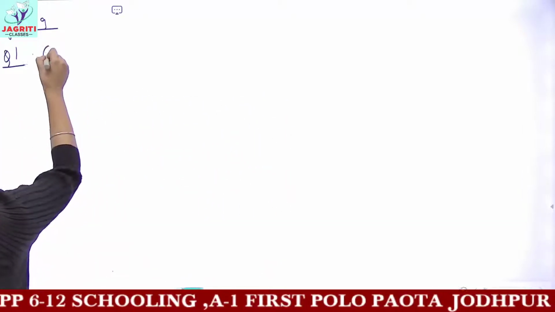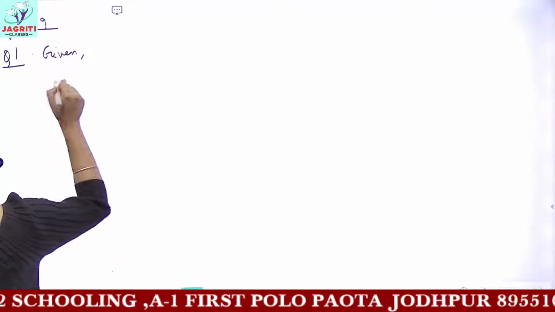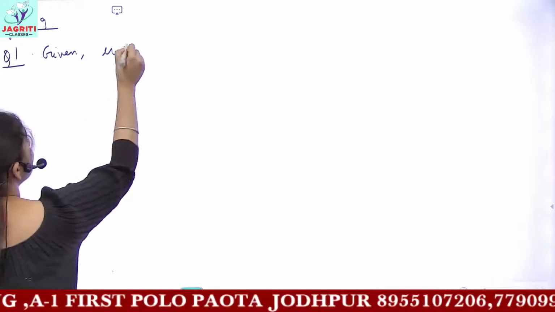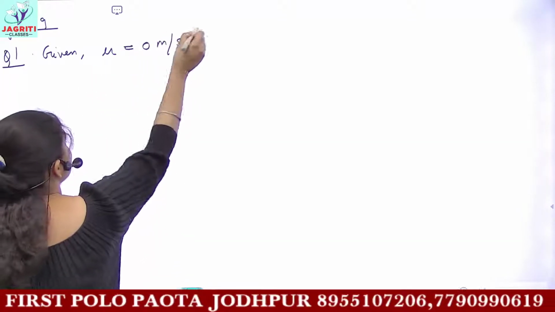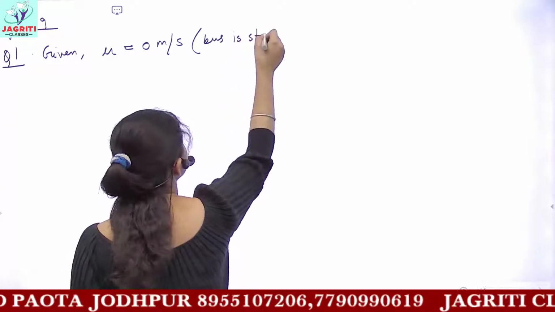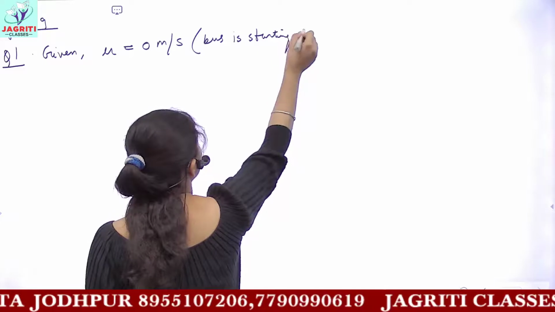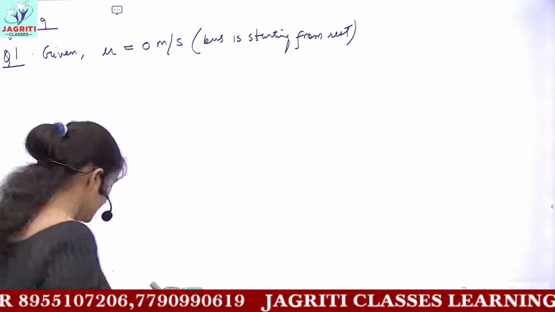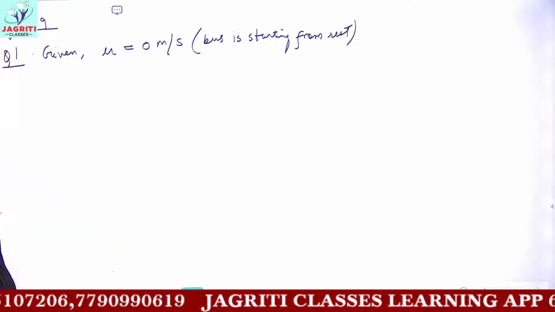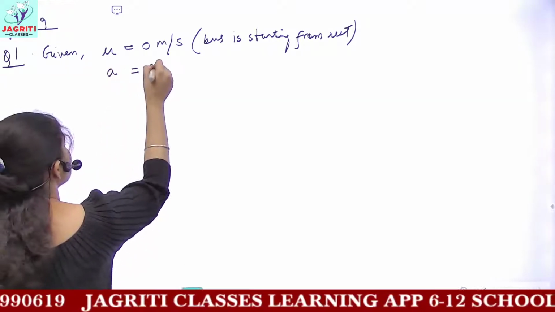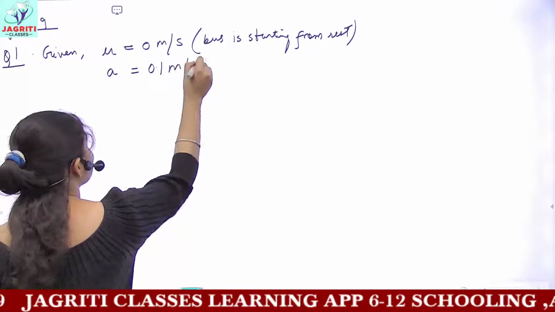So the first given value is the initial velocity, denoted by the symbol small u, which is 0 meter per second, because it is given that the bus is starting from rest. Then it moves with a uniform acceleration of 0.1 meter per second square, that is, acceleration is 0.1 meter per second square.